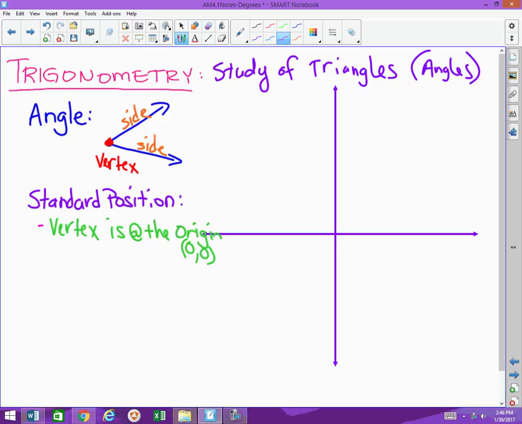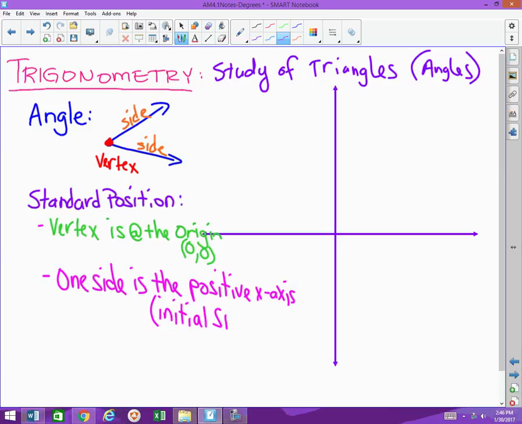And one side is the positive x-axis. That side is called the initial side. The other side is somewhere else.